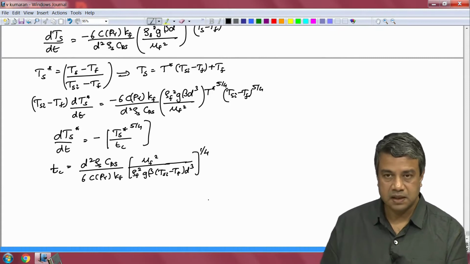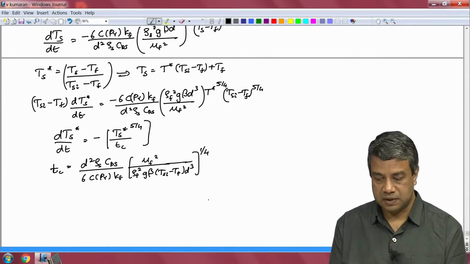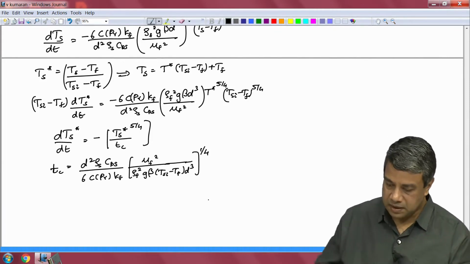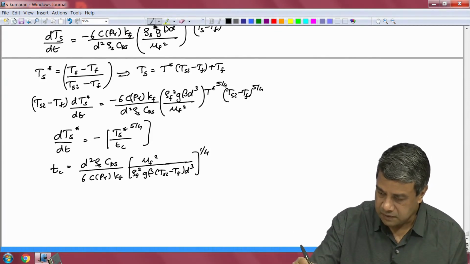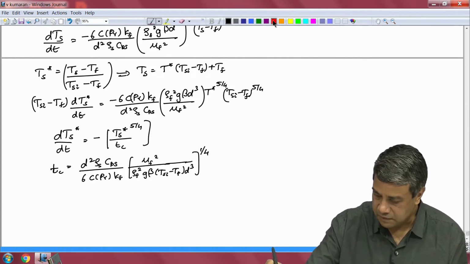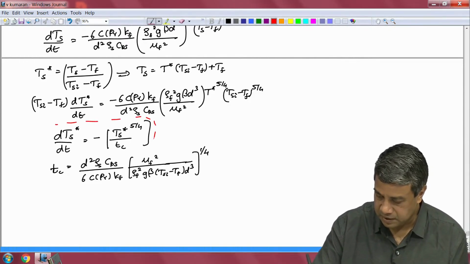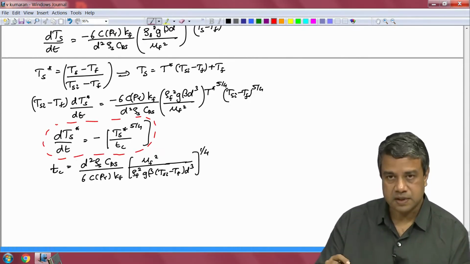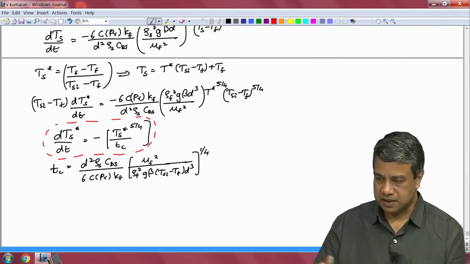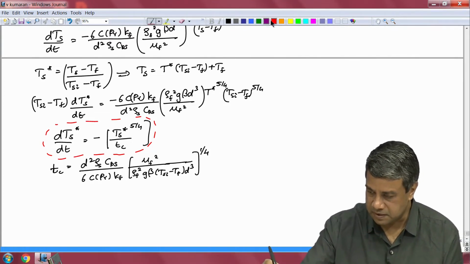So, the characteristic time in this case actually depends upon the initial temperature difference between the sphere and the fluid. And if you express this in terms of this characteristic time, you get a differential equation for the temperature field. This is not a linear equation, this is an ordinary differential equation which can be solved to get an expression for the temperature.